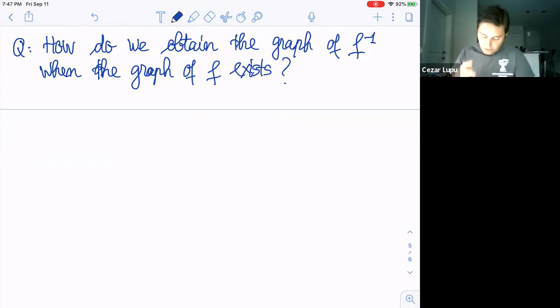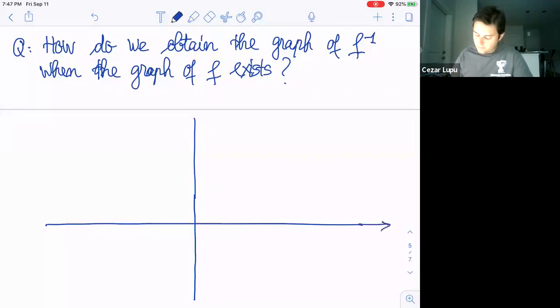Well, we'll do the following. I'm just going to draw the picture directly so that you can see it. I think that's the best way to do it. So this will be the graph of f. Actually, maybe it should be something like this.